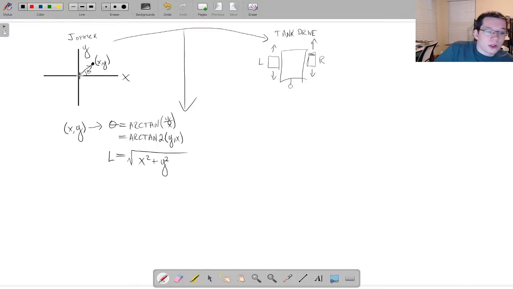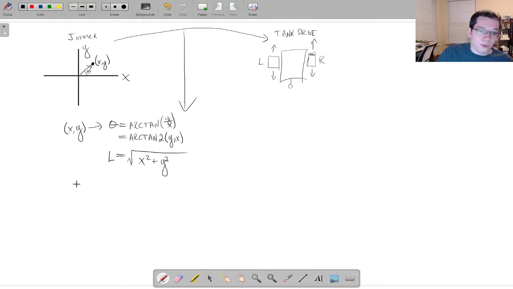So the longer this vector is, the further away it is from the middle, the faster we want the robot to go. And we want its speed to behave in the direction that we told it to via the joystick. So we want it to be speed at angle. And we need to be able to control right and left motors appropriately.